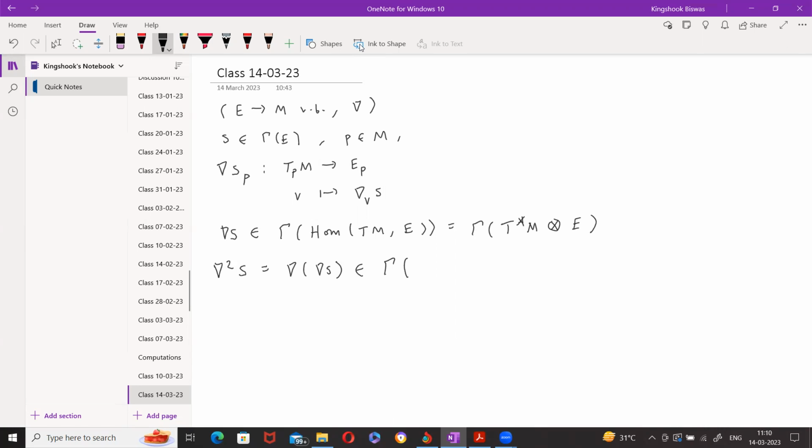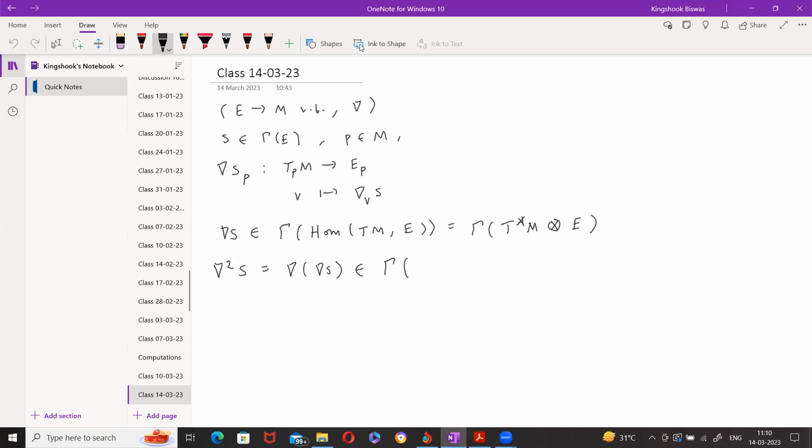Each time I apply nabla, I pick up a factor of T star M. That means I get to act on one more tangent vector in M. So what would nabla squared S be a section of?